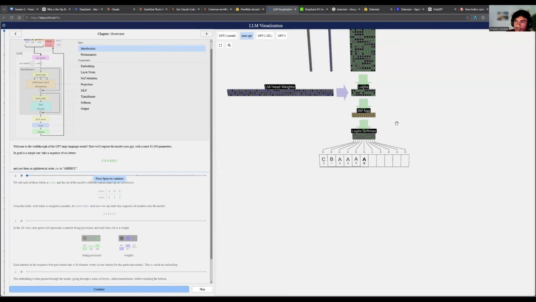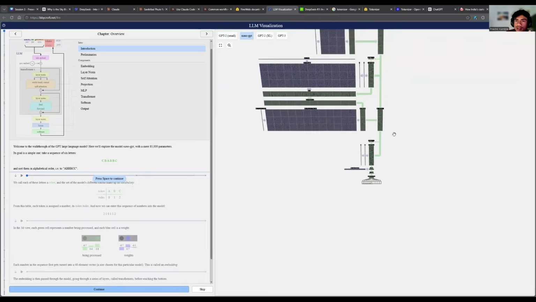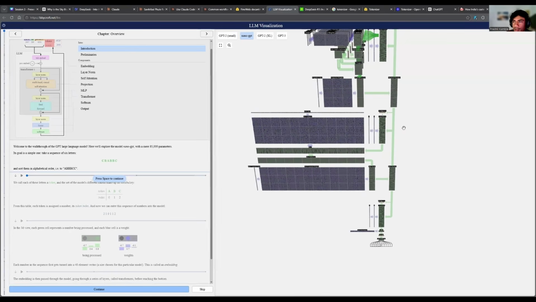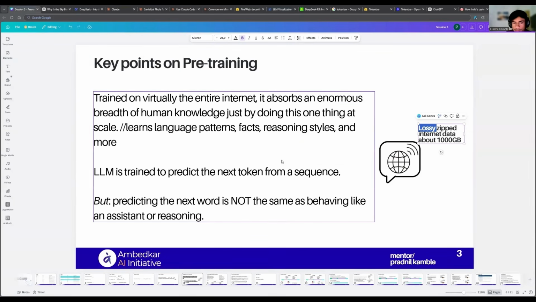When the model does this over the complete data of the internet that is available to it, ideally high-quality data, it tries to find and learn patterns inside our languages, and that is what the LLM really is.